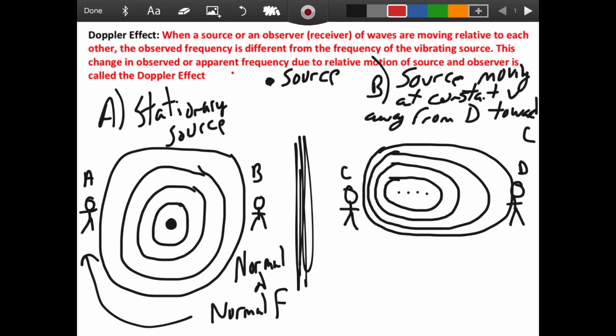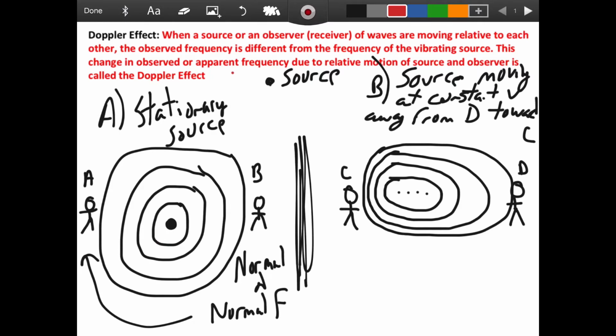This causes the apparent change in frequency. Let's say here it's emitting 500 hertz. It's still emitting that 500 hertz, but now these observers are going to perceive or observe it differently.